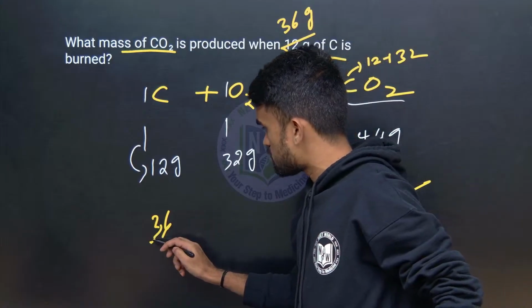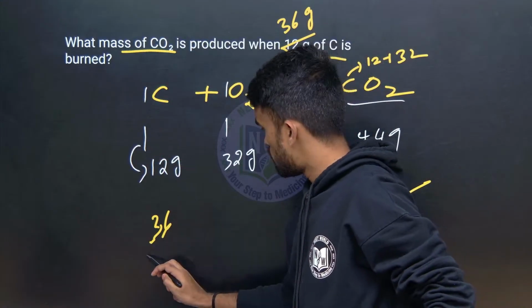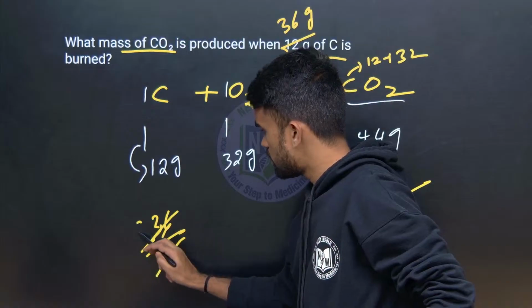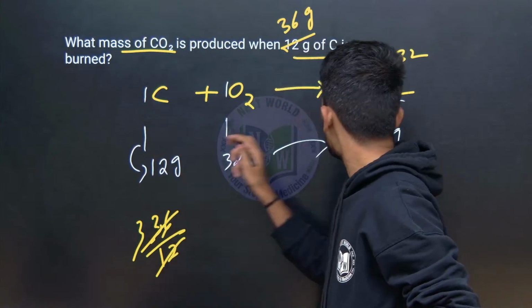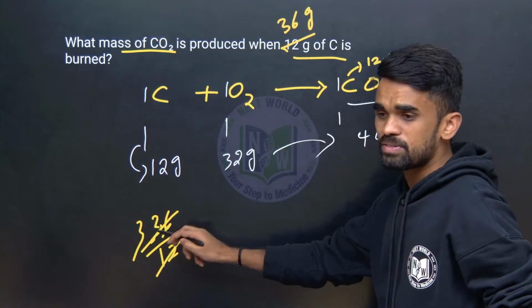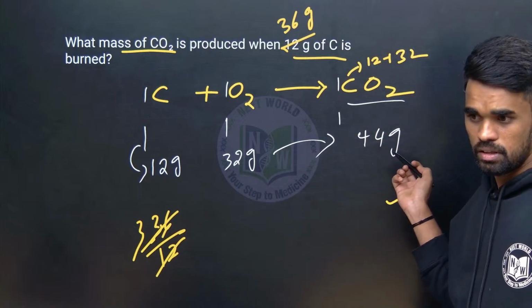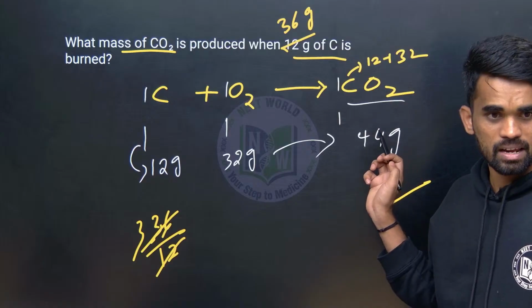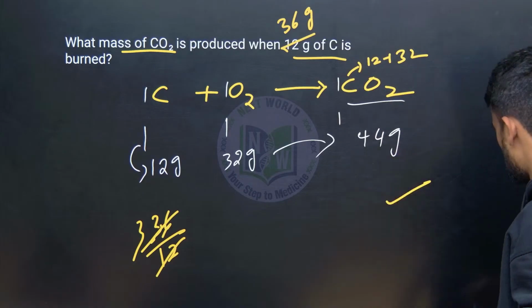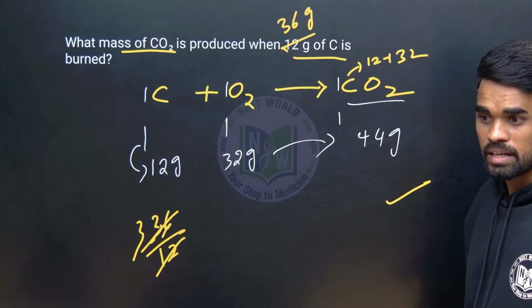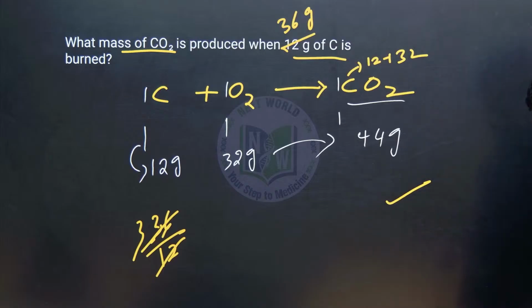See 36 grams now. So 12 grams means 1 mole. So 36 gram means 3 moles. So 1 mole forming 1 mole of CO2, 3 moles will form 3 moles of CO2. So 3 into 44. Like that also you will get the answer. Is that clear or not? Yeah. Done?